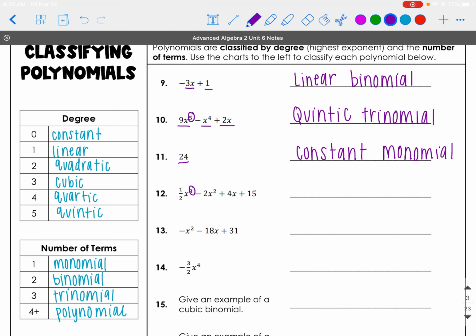Number 12 would be a cubic polynomial. Number 13, would be a quadratic trinomial.